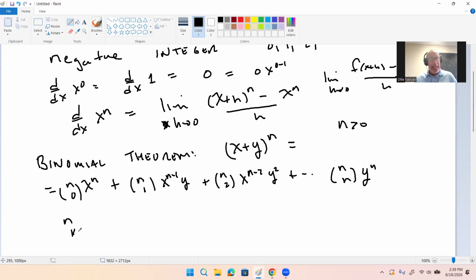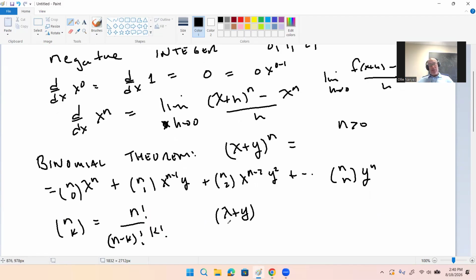Well, remember, n choose k is n factorial divided by n minus k factorial times k factorial. And this is what you get when you multiply this out. So x plus y to the first power is just x plus y, and this, of course, is 1 choose 1, and that's 1 choose 0. x plus y squared, we know, is going to be x squared plus 2xy plus y squared.